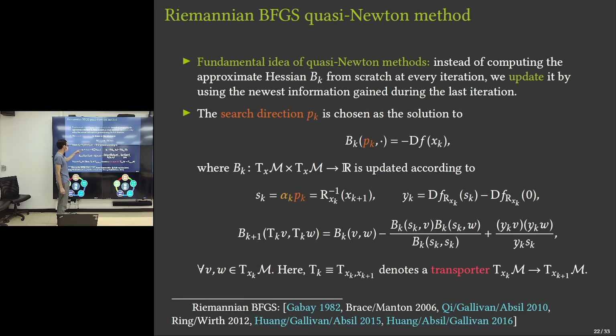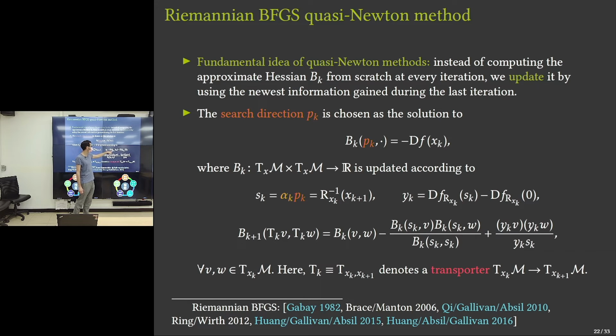And we have SK equal to alpha k pk, which is, in our case, given by the inverse retraction of xk plus 1. So this is related to what we have just seen for the general setting of line search methods, alpha k pk. And yk is the difference of the differential of the lifted cost function.